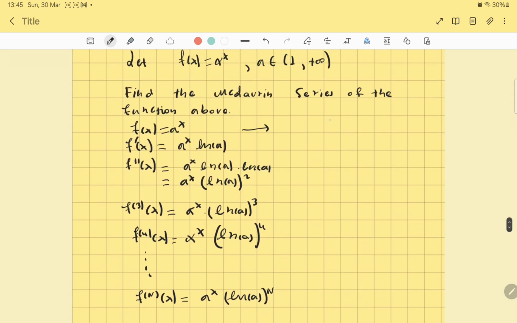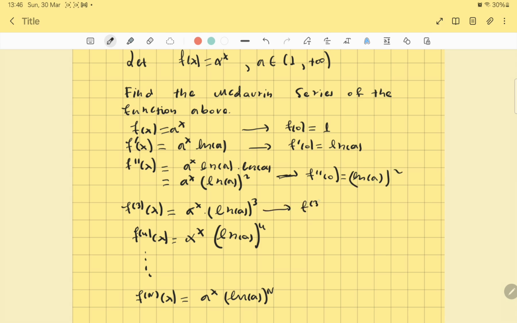Now let's evaluate the function and the derivatives at 0. The function at 0 is just 1. For the first derivative, it is just ln a. The second derivative evaluated at 0 is ln a squared.